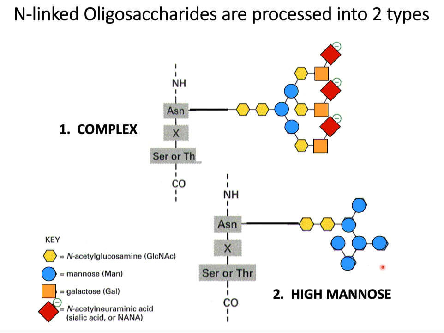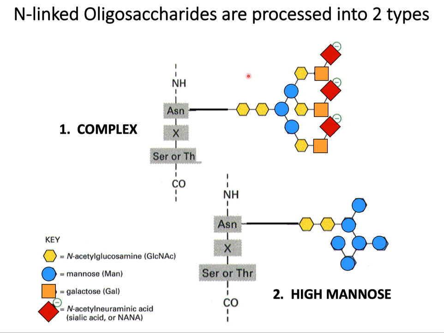As their name suggests, they are high in mannose, shown in blue, and they are formed in the same initial steps for addition of that very large oligosaccharide complex. When you get some trimming in the ER and some additional trimming in the Golgi apparatus, you end up with this high mannose sugar. Now, we are not going to consider these too much more in the course.